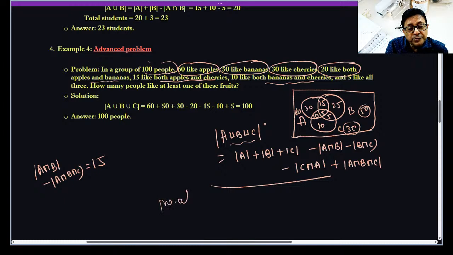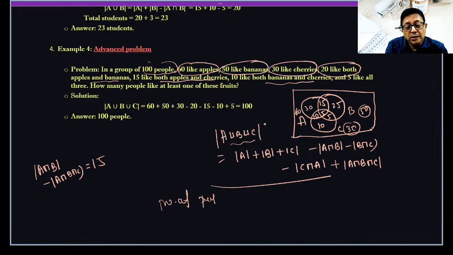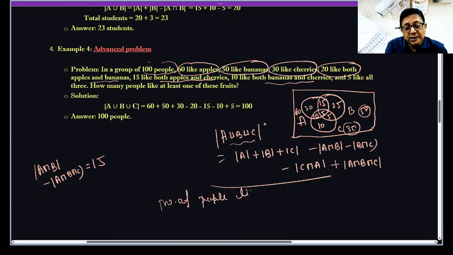So the number of people who like two of them will be the cardinal number of A intersection B. From there, this has to be subtracted.